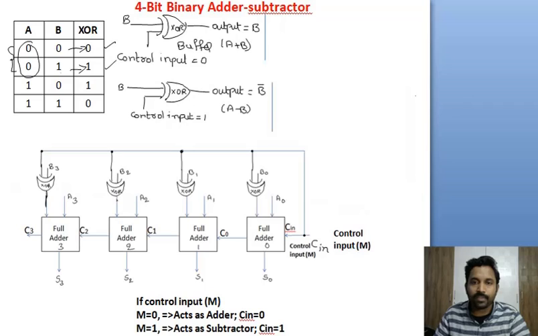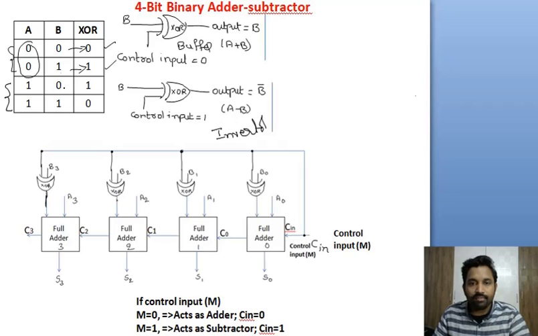Next, if the control input is 1, observe this case. If the control input is 1, the B value changes, whether it is 0 or 1. If the B value is 0, the XOR gate output is 1. If the B value is 1, the XOR output is 0. That means it acts like an inverter, completely opposite to the buffer.